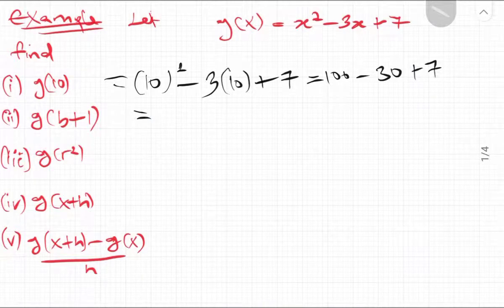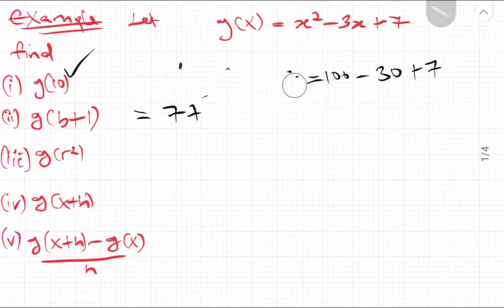So we have 100 minus 30, 70, then plus 7, we have 77. So for an input of 10, we have an output of 77. We have evaluated number 1.